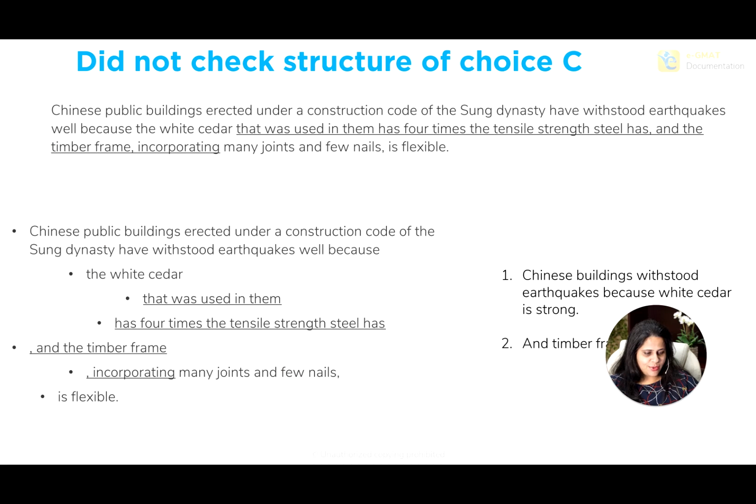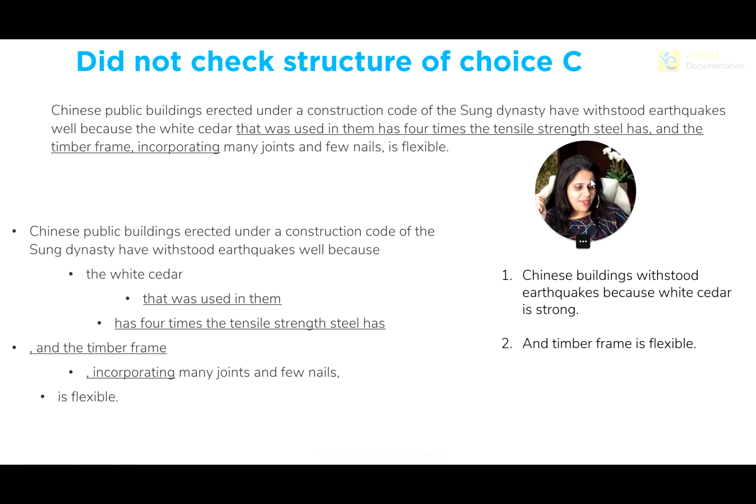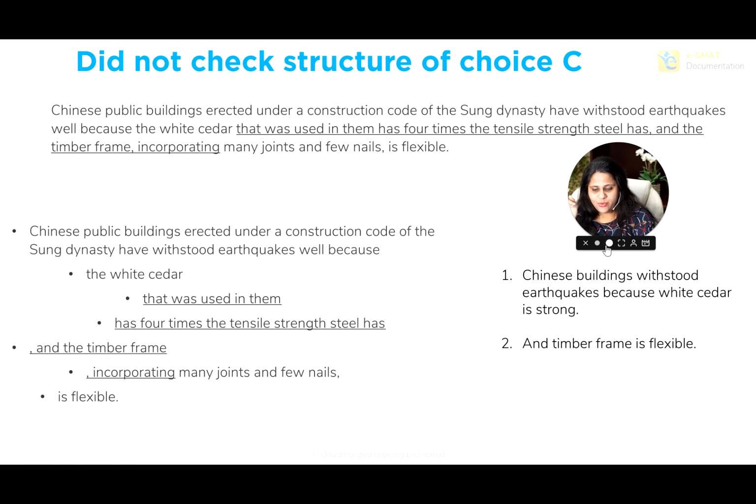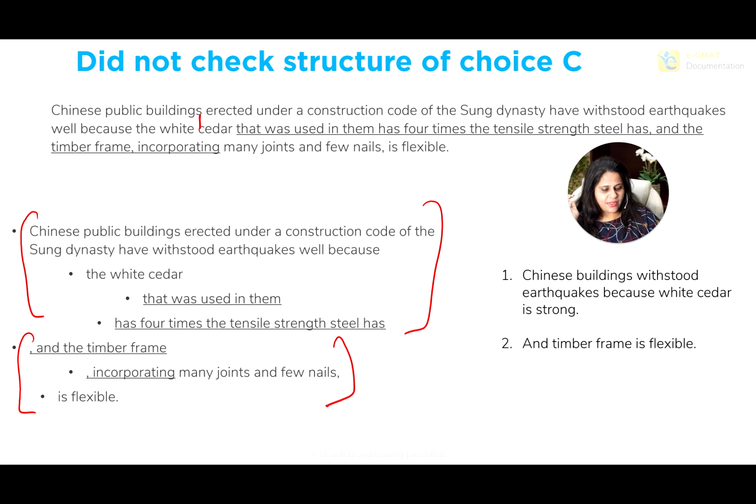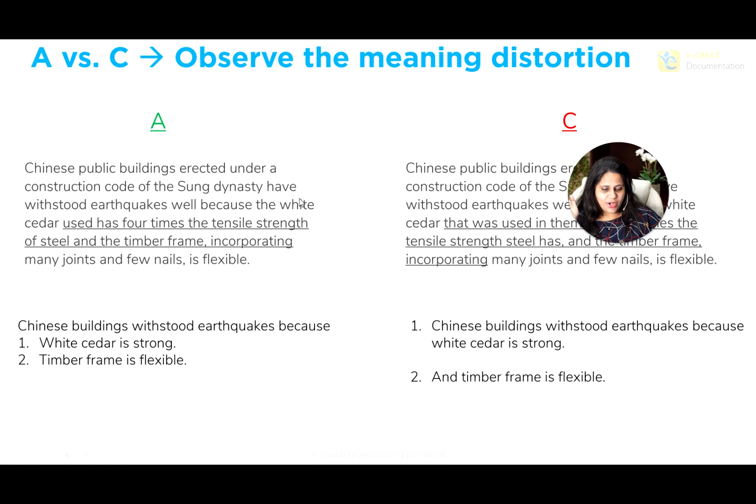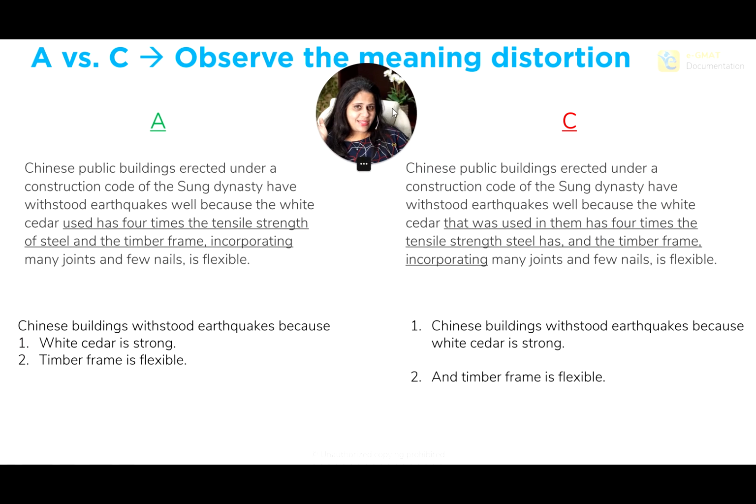And now what does that do? That distorts the meaning of the sentence, because instead of what the original intent was, that there are 2 reasons, one reason was the white cedar is strong, and the second reason was that this timber frame is flexible. Now this choice is presenting a single reason for the durability of Chinese buildings, and this as a separate fact. So now the meaning itself has been distorted, and that's what you see when you put choices A and C together.